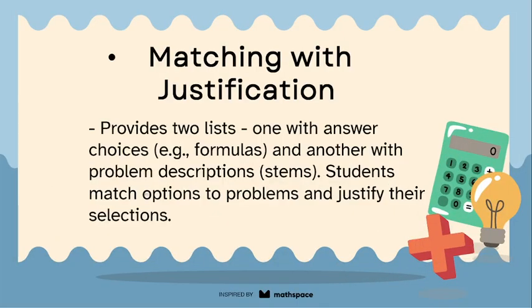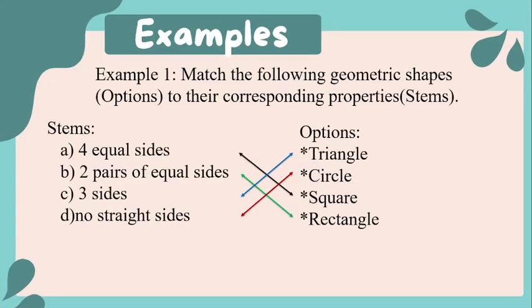So next one is matching with justification. It provides two lists, one with answer choices, examples are the formulas, and another with problem descriptions or the stems. And then students match options to problems and justify their selections. We have example number 1, which is match the following geometric shapes options to their corresponding properties.